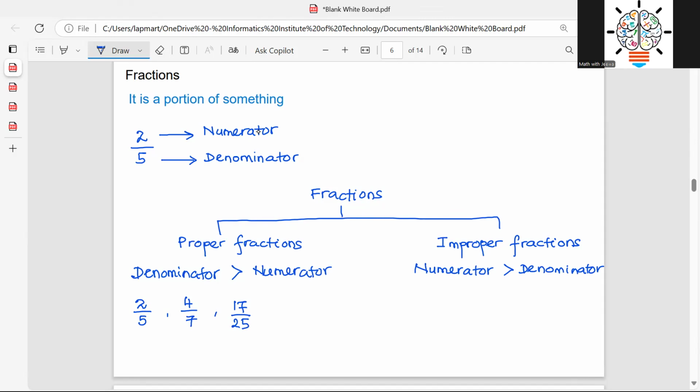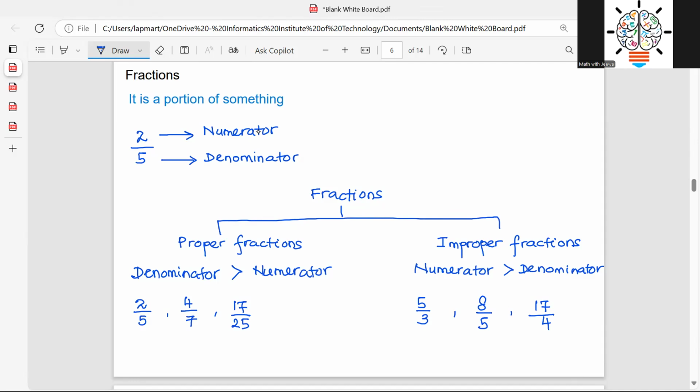The larger digit is in the bottom. But if you have something like 5 over 3, the numerator is bigger, right? Let's say 8 over 5, and 17 over 4. What are these, children? These are improper fractions. Why? The numerator is bigger.